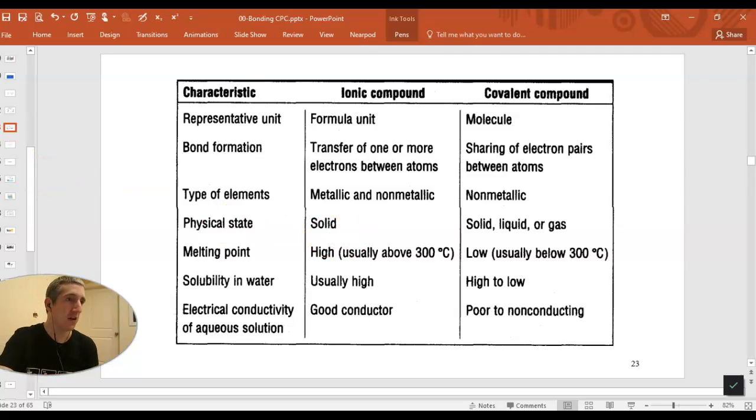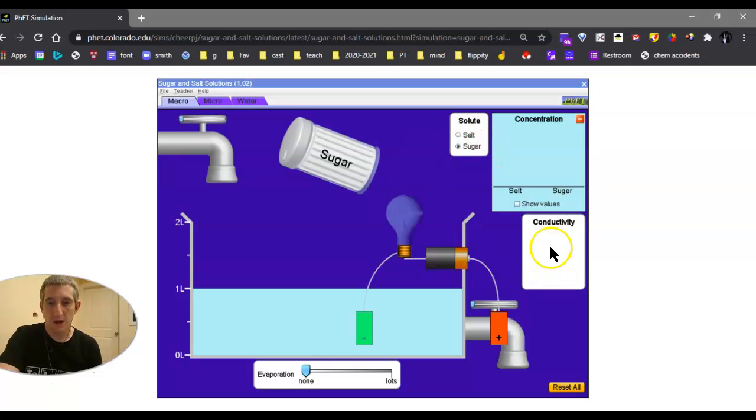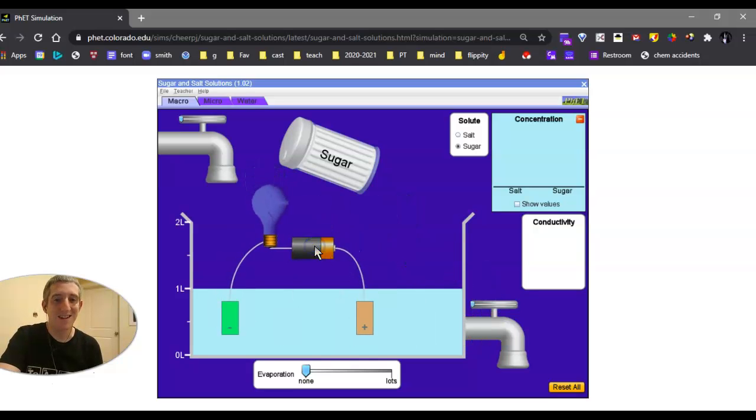And so I can show that off a little bit briefly using a PhET simulation here. And so here's a sugar. Here's our conductivity. To have something conduct, you need both ends of the battery to connect to that light bulb.